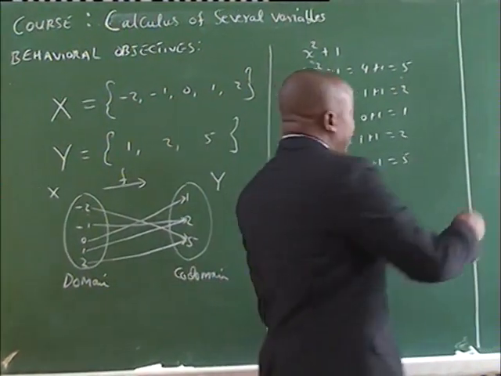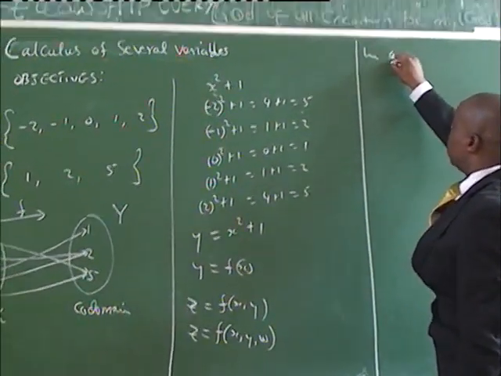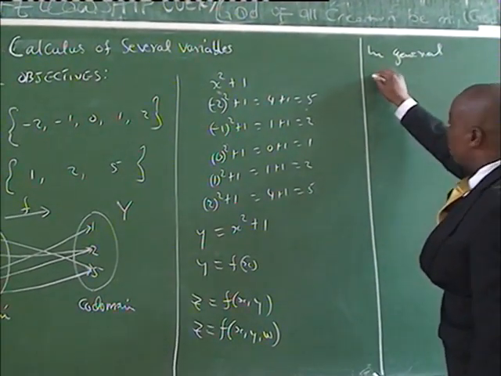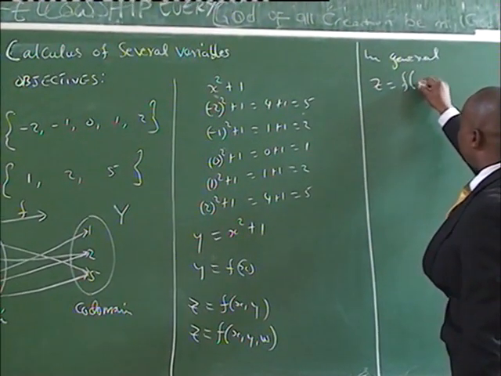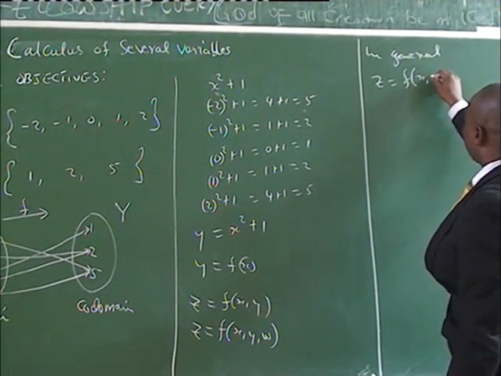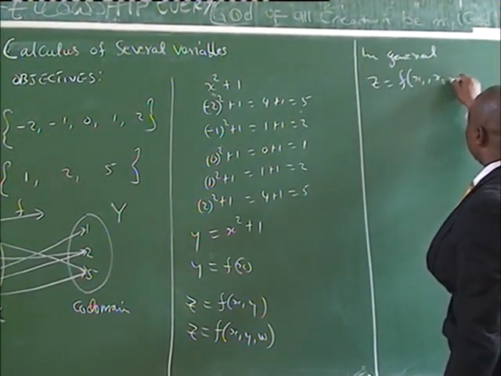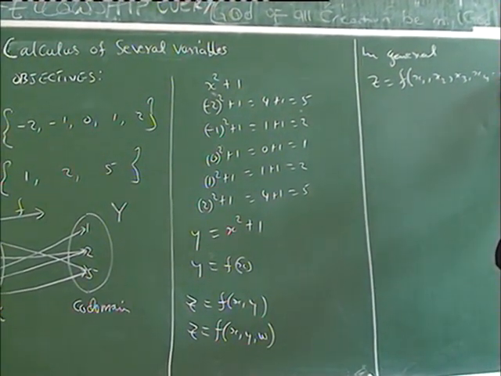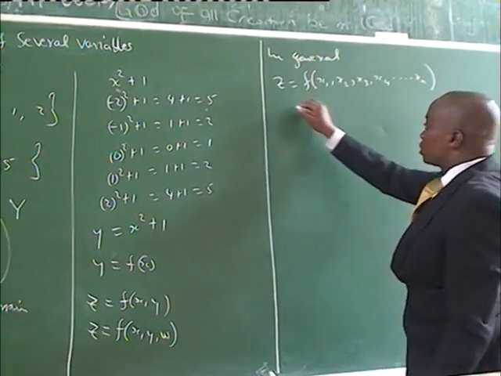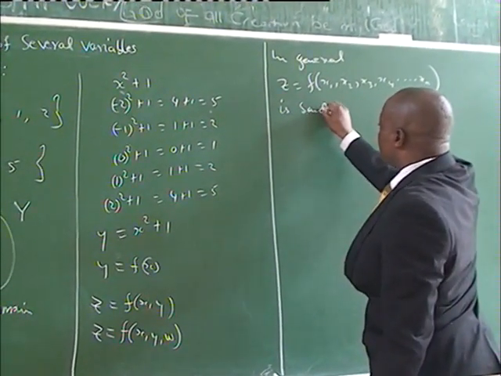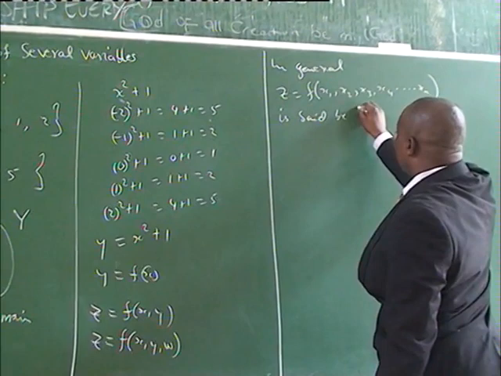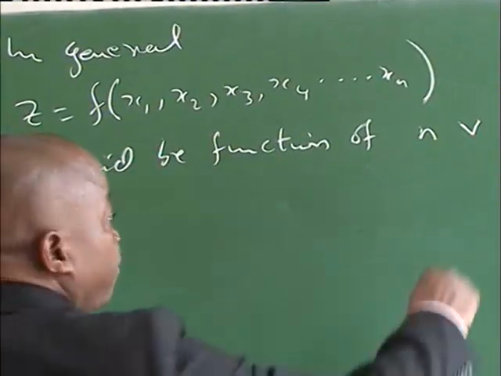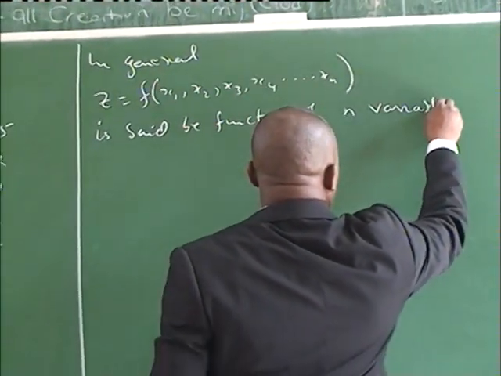So in general, z is equal to f of x1, x2, x3, x4, till we have xn, is said to be a function of n variables.